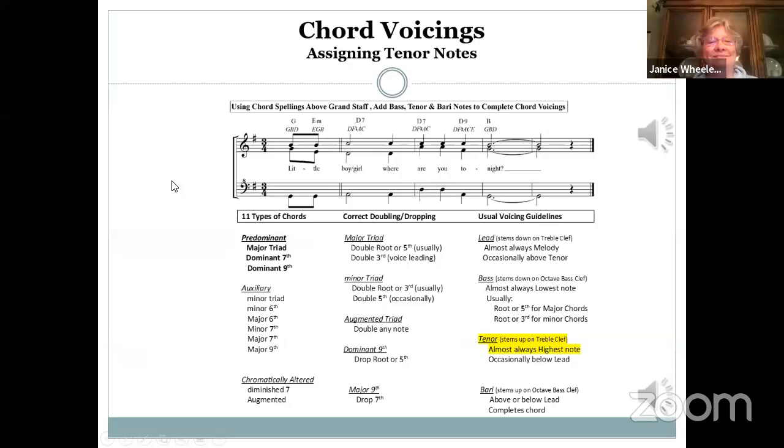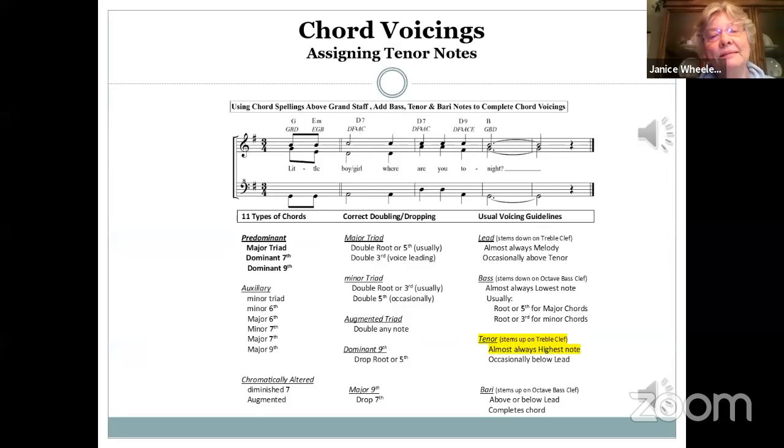And then for the E minor chord, we're going to give the B. We'll just keep the tenor on the B. For the D7 chord, we have an A, a D, and an A for the lead and bass.